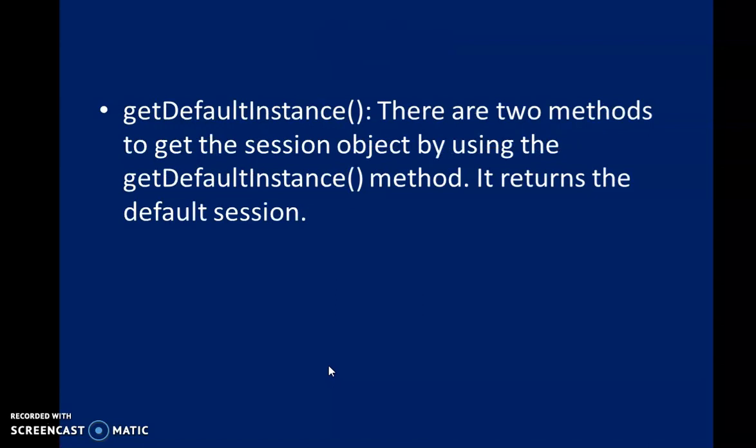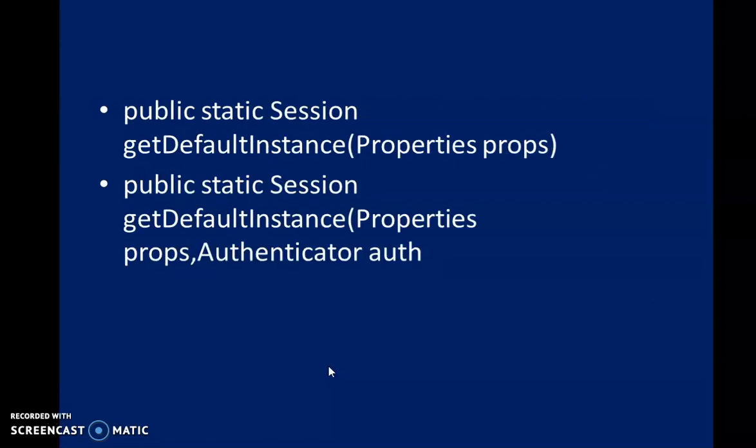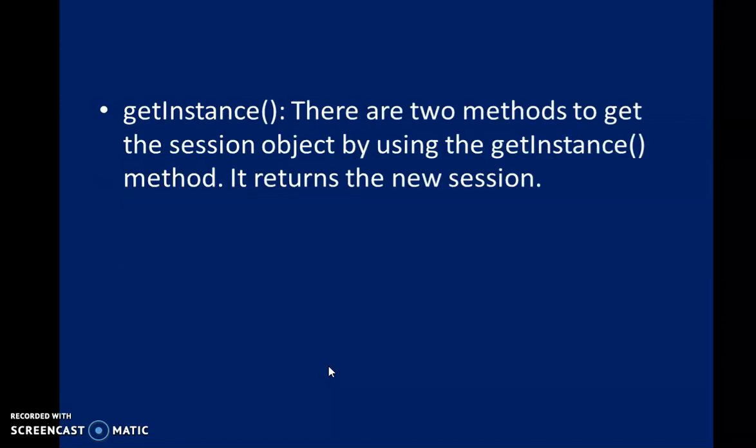The methods available are getDefaultInstance and getInstance. To get the session object, getDefaultInstance returns the default session, public static Session getDefaultInstance(Properties), and then getInstance. These are the two methods to get the session object.